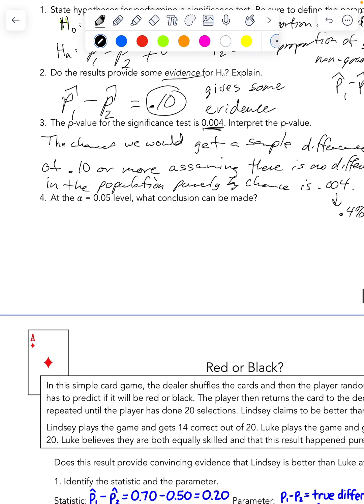It says at the 5% level, what conclusion can be made? Well, because our p-value of 0.004 is less than alpha 0.05, we reject the null.